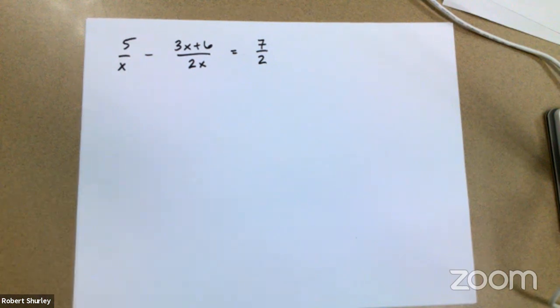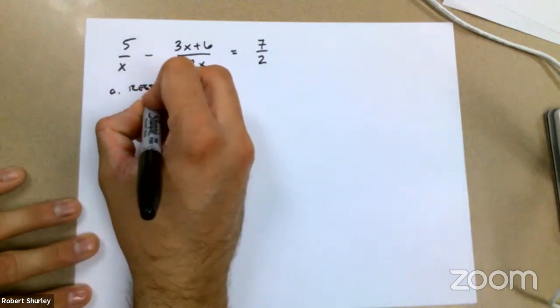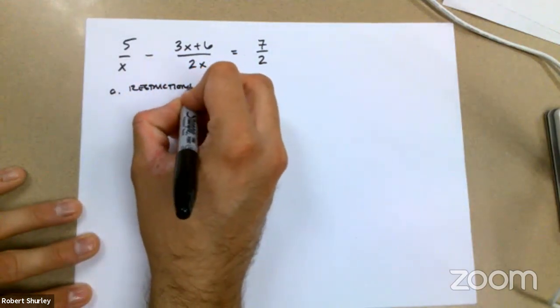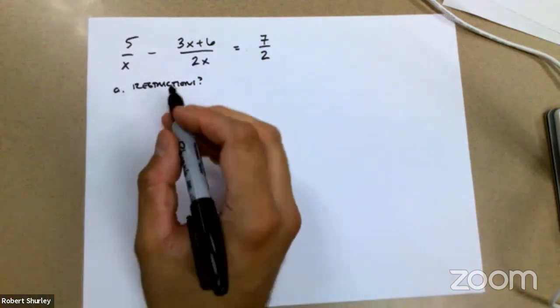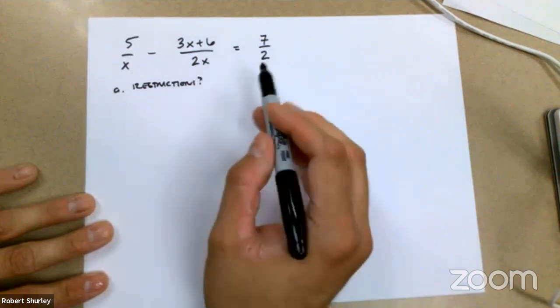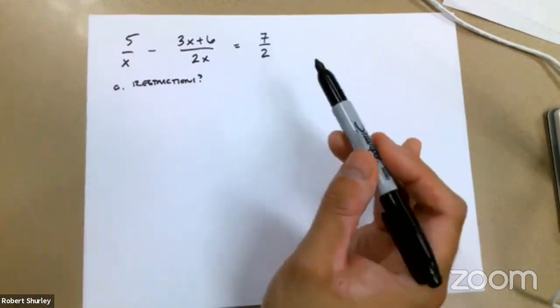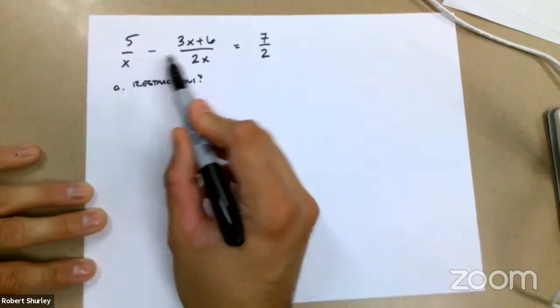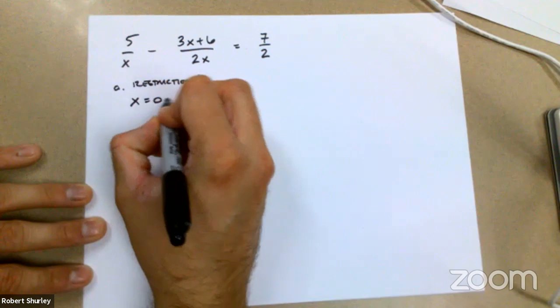So even though the question might not ask you to do it, you need to think, hey, what are the restrictions here? If I solve this thing completely down, what's an answer that I just can't have? Now look, I don't have to worry about a constant denominator. 2 will never be 0, right? 2 is 2. But these are variables, so they could be 0. So the first denominator gives x equals 0.